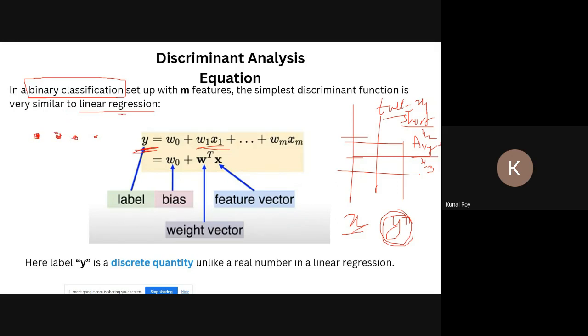I have already explained previously that there are 50 males, and these 50 males have individual heights. Say the first height is 5.1, the second is 5.2, the third is 5.3, the fourth is 5.4. These are the weights for individual data. I have not classified yet, but these are the weights for this individual data. So w0 are the vectors, or the references for these data points.